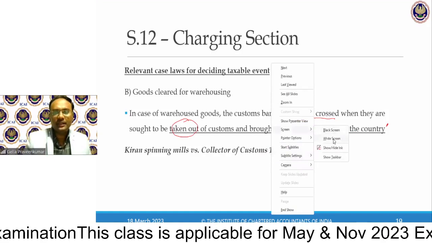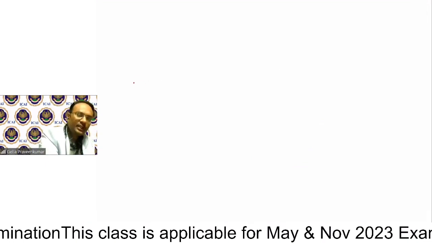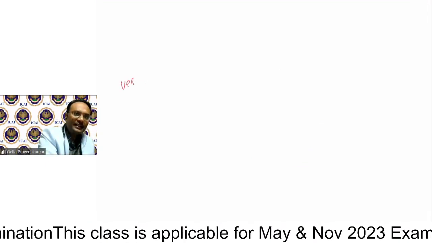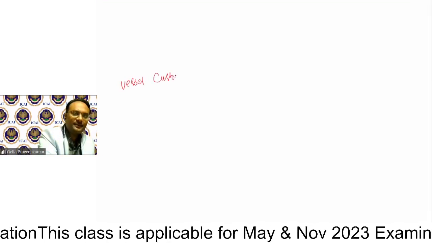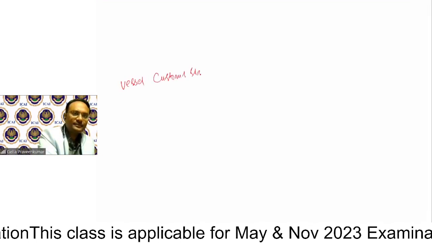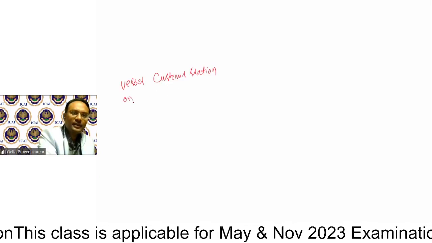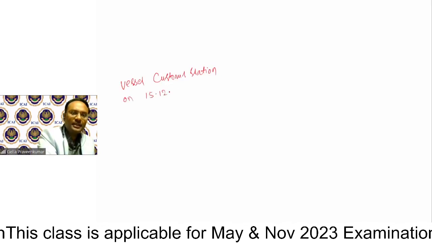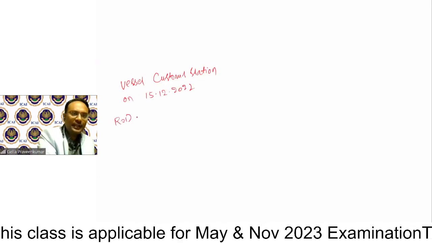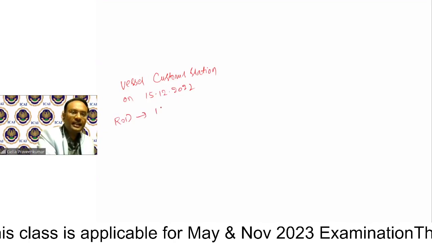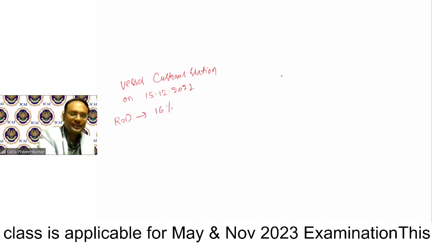Let me go to a new screen. Say the vessel came into the customs station on 15th December 2022. At that point in time, the rate of duty happened to be, say, 16%. Just arbitrary rates I'm picking, students.